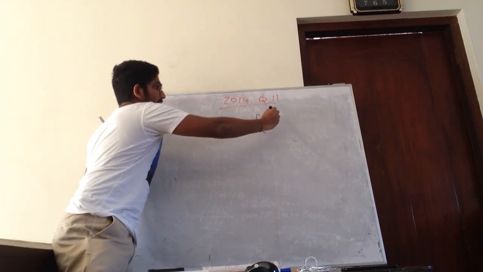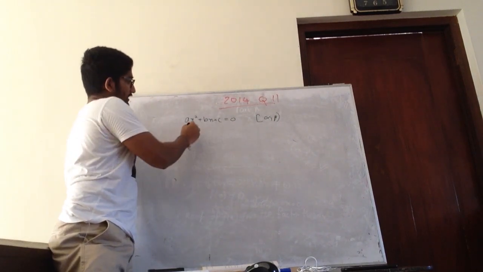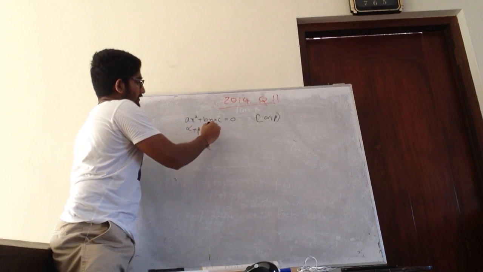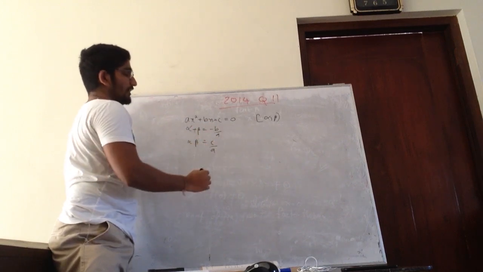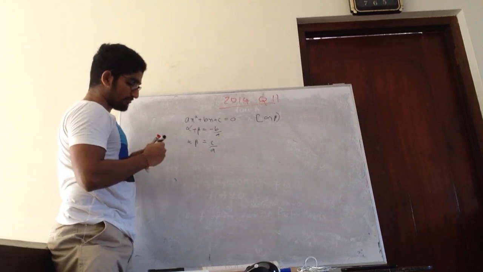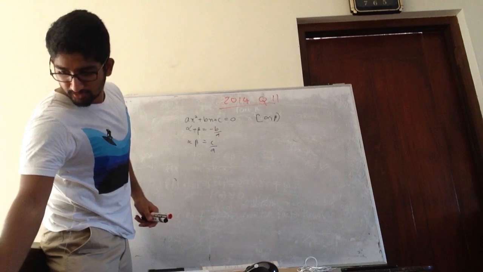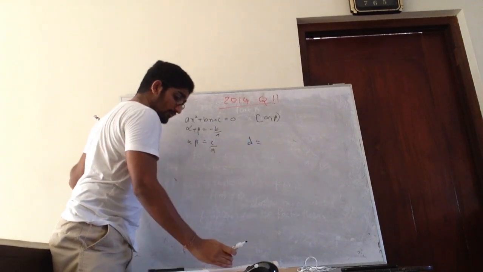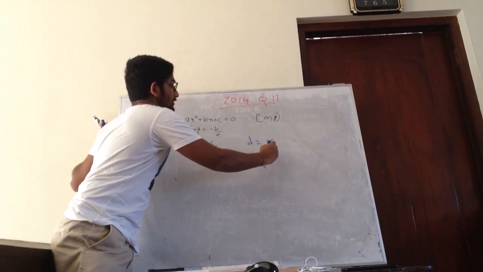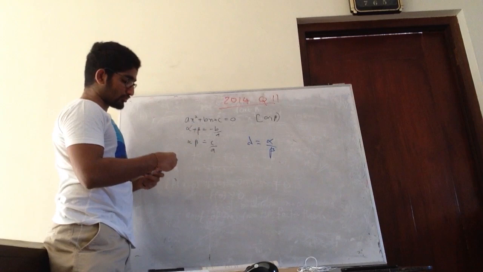The roots are alpha, beta, right? So basically we can find alpha plus beta is minus b over a, alpha beta is c over a. Then they are giving something called lambda, which is alpha over beta. Right? Then they are asking us to show what?